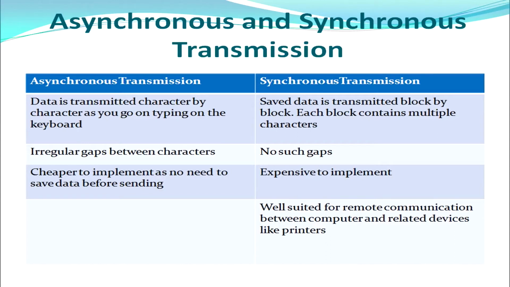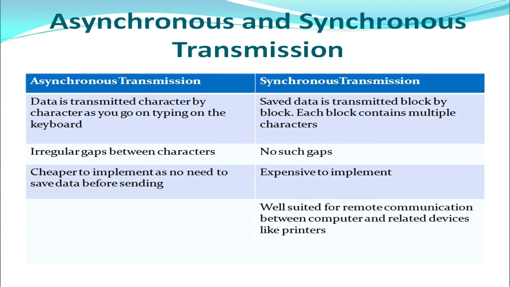So, in case of asynchronous transmission, there may be irregular gaps between characters because there is a difference between typing speed and the transmission speed. So, there can be irregular gaps between characters, but in case of synchronous transmission, there are no such gaps. But yes, asynchronous transmissions are cheaper to implement as there is no need of saving data before sending them.